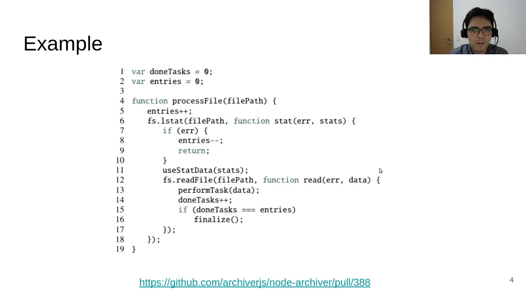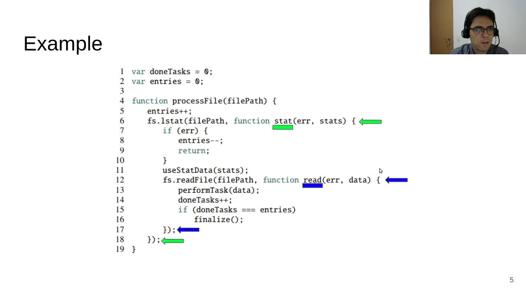Here is an example inspired by a bug that we uncovered using NodeRacer. We have a function in line 4 called processFile. This function starts two asynchronous operations, lstat in line 6 and readFile in line 12.